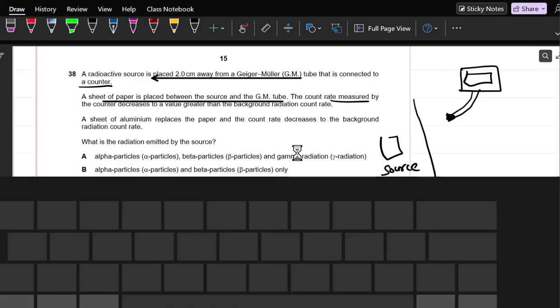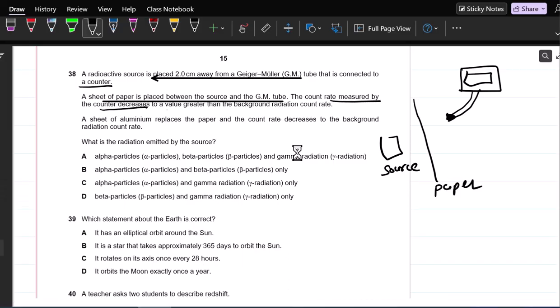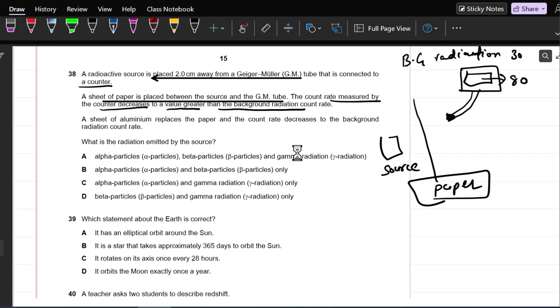The count rate measured by the counter decreases to a value greater than the background radiation. It means some background radiation is there. Suppose that is 30. And when this sheet of paper was not there, the reading here is 80. When this sheet of paper is placed, suppose it becomes 50, greater than background radiation.